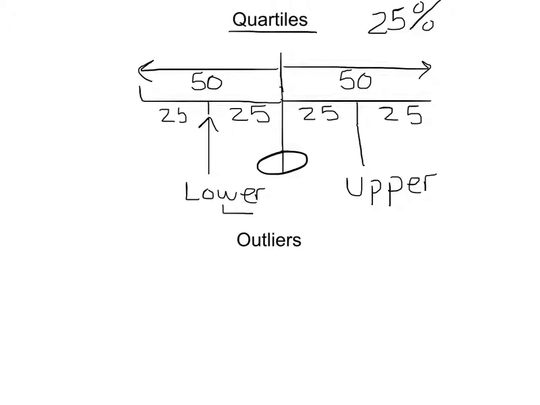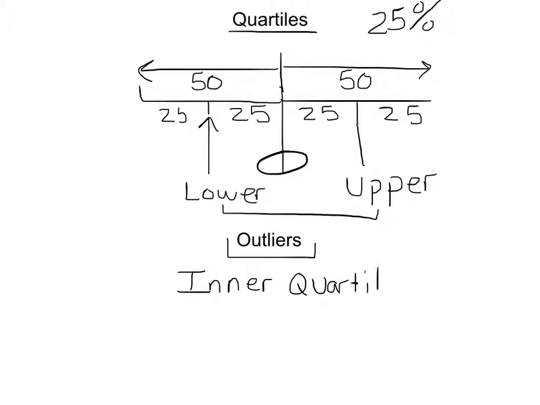We're going to use these two numbers, my lower and my upper quartile, and it's going to start to give us a little bit more meat to the word outlier. And what we're going to do with this right now is look at the interquartile range. And if you think about what the range was, it was simply the maximum minus the minimum.